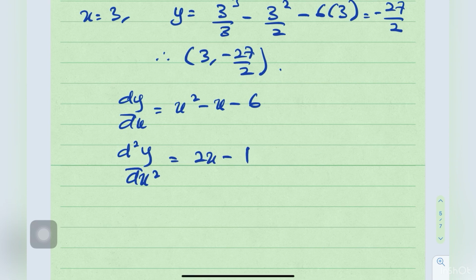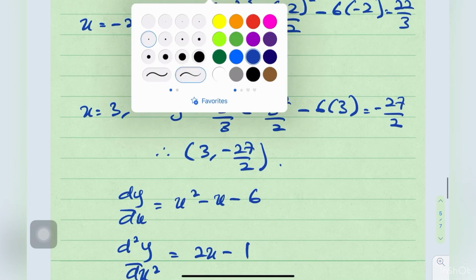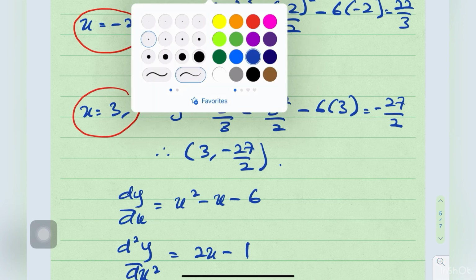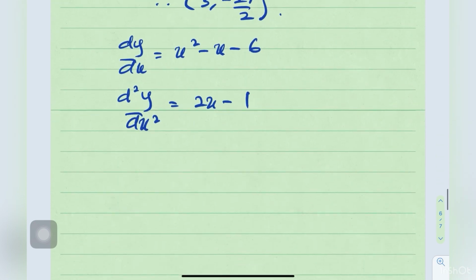We substitute both values of x into d²y/dx².